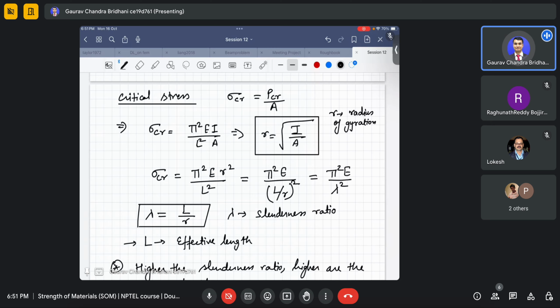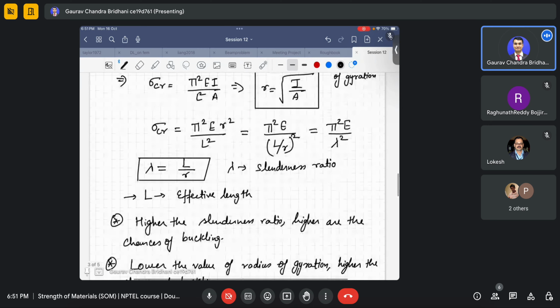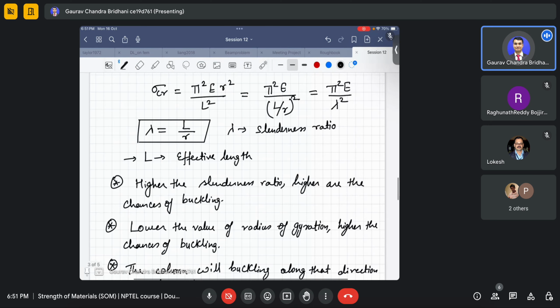Now it is up to you to find out, for the same length, which is supposed to buckle first, or what is the order in which they will buckle. In that you can use these ideas to find out in which cross section it will buckle first for the same load applied and the same length. Okay, not the length of the cross section, the length of the column. Okay, so that is there.